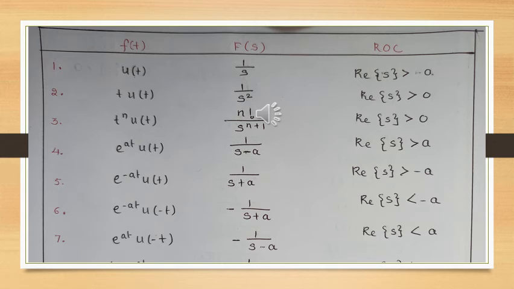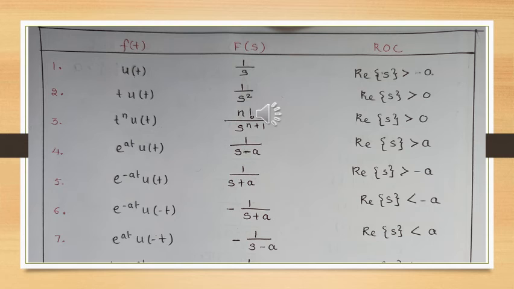Third signal is t raised to n u of t. It gives the Laplace transform n factorial divided by s raised to n plus 1. For example, if we have t square u of t, Laplace transform of this signal is 2 factorial divided by s raised to 3.